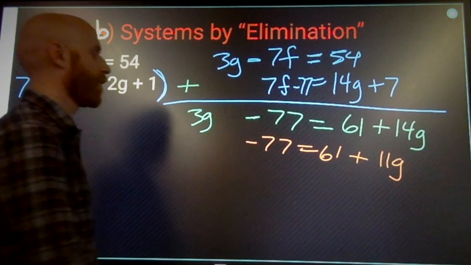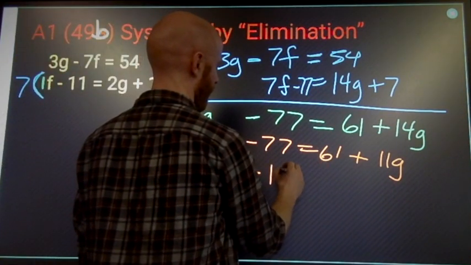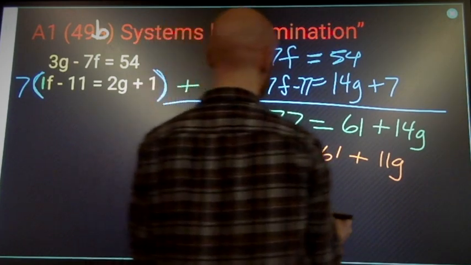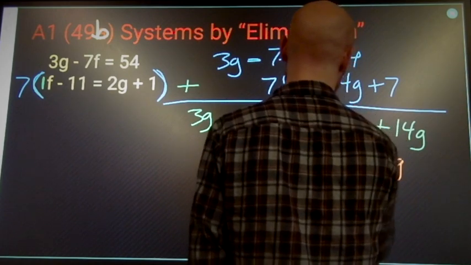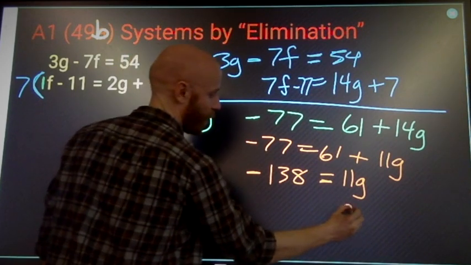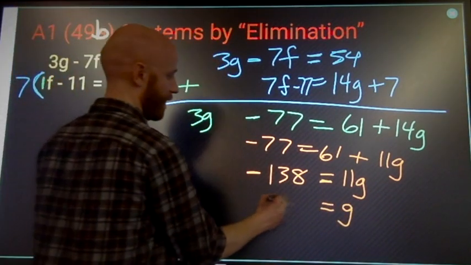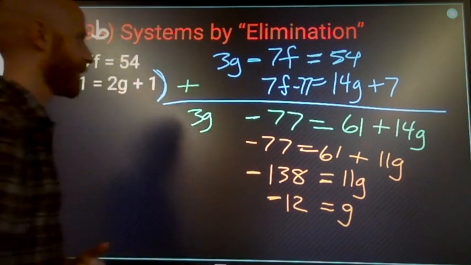Subtract 61 from both sides, we'll have -138 equals 11 G's. Divide by 11 on both sides, and we will have G equals -12 point something.